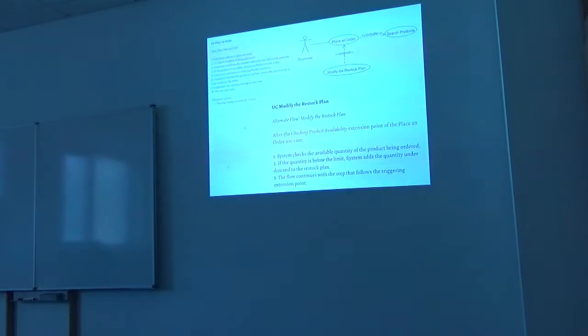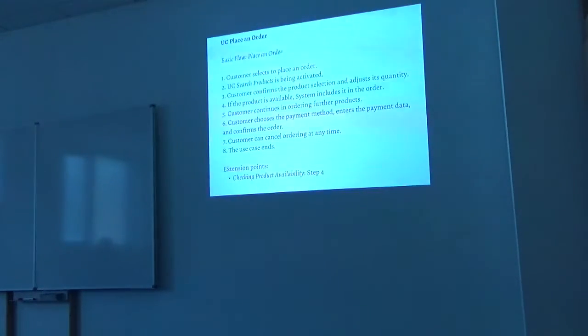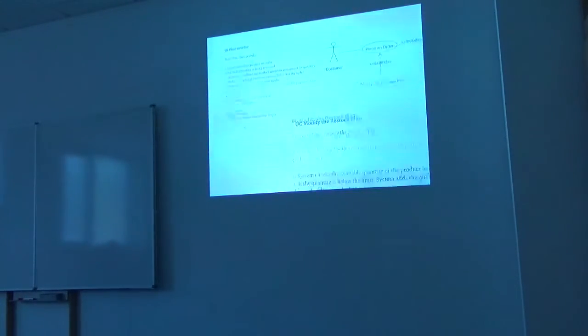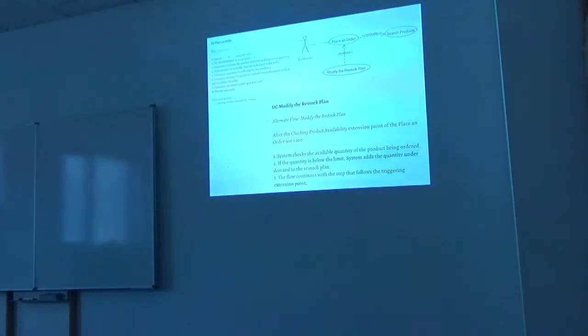You have this basic use case that you want reserved, but you don't want this modified stock one anymore. What would you do? Exclude that extension and execute only that main flow. You would just drop it. Nothing else. You don't have to modify it.